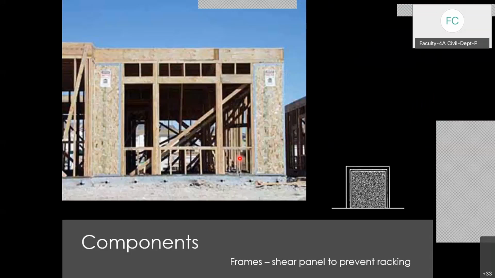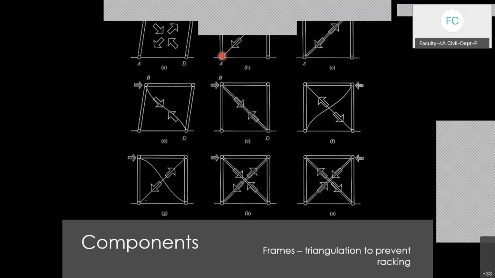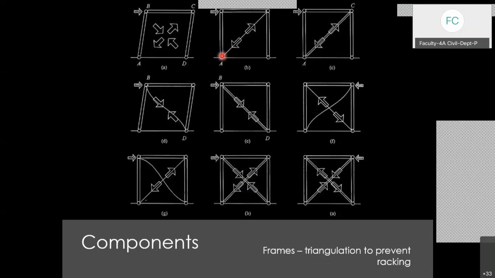That kind of thing is provided afterwards, and that will prevent it. So this is how most of the time the triangulation part is there. Triangulation means that you have to provide certain diagonal members so that such racking, or because of the lateral loads, the deflection would be more in this particular first diagram.